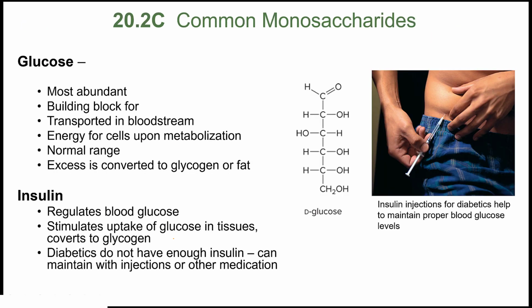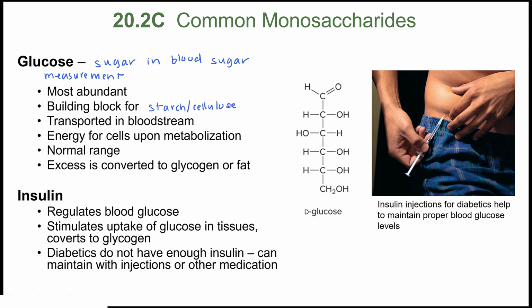The most common monosaccharide is glucose, which is present as sugar in our blood sugar measurements. Glucose is the most abundant sugar. It is the building block for starch and cellulose.